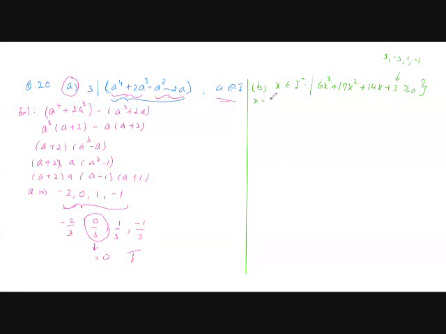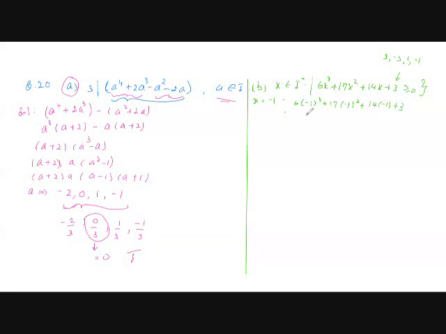If x equals -1, okay, so you replace here. X equal to -1, this one is going to be -1 to the power 3 times 6, plus 17, -1 to the power 2, plus 14 times -1, plus 3.